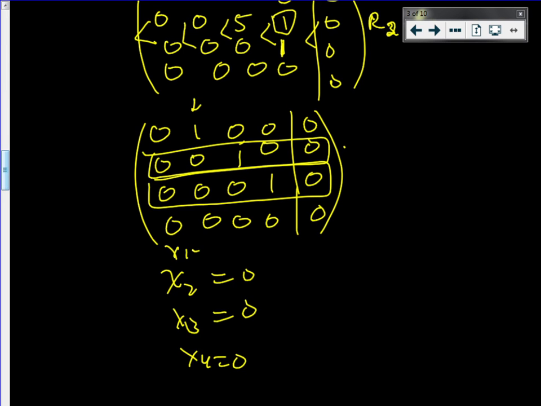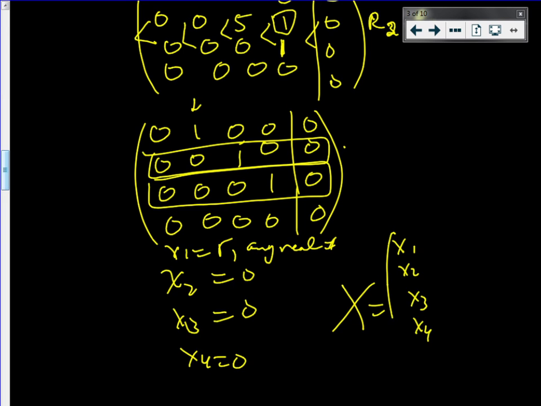And x1 is r, any real number. That means big X, which is x1, x2, x3, x4, is equal to r times 1, 0, 0, 0.